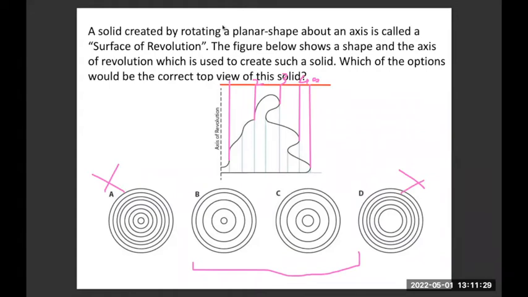The next thing which I do is I start looking at the proportions of the widths that are getting formed. So I start looking at this proportion versus this proportion versus this proportion versus this proportion and versus this proportion.